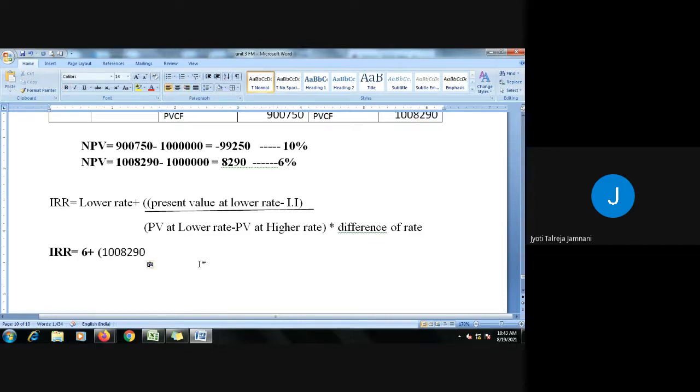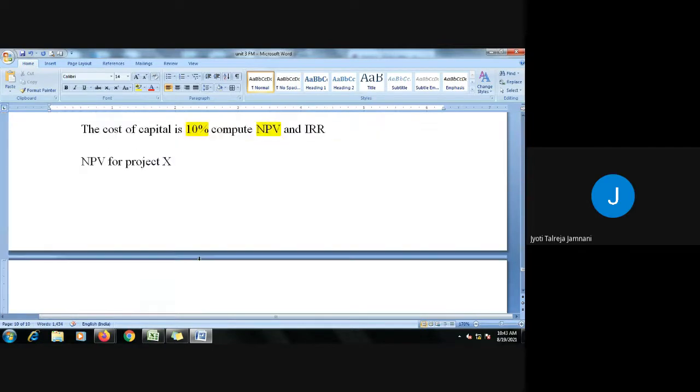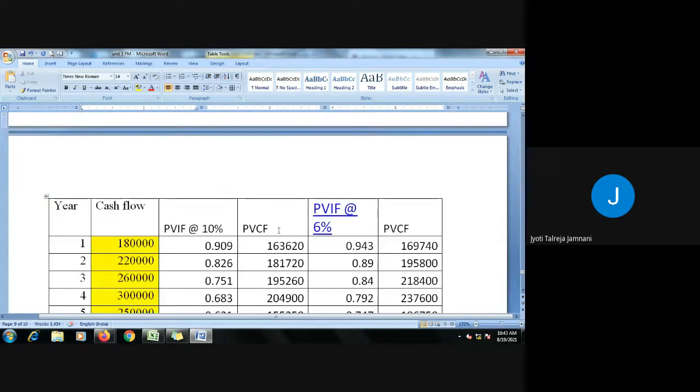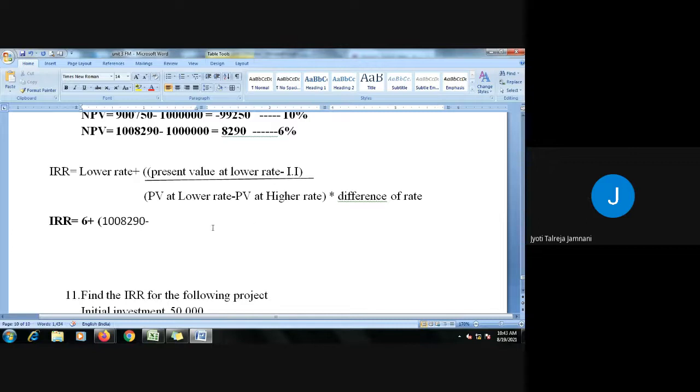From this, what we should do, we should minus the initial investment. And here you can see in the question for project X, the initial investment is 10 lakh rupees. So we are going to minus that 10 lakh. This has to be divided by present value at lower rate, which is again 10 lakh 8,290, minus present value at higher rate.